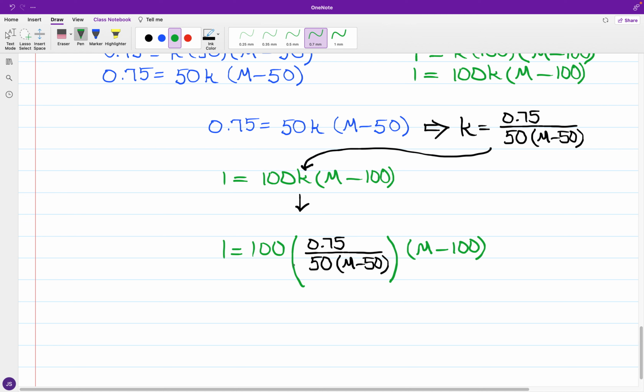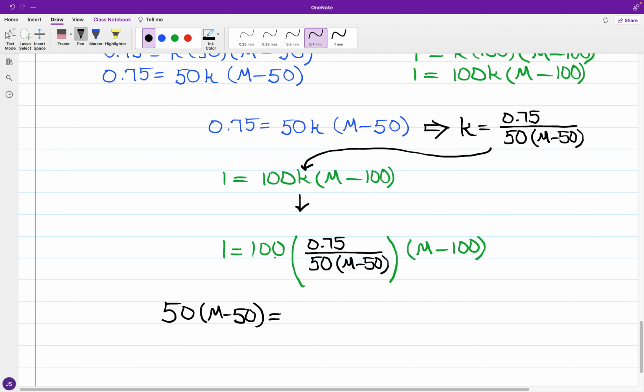Just taking what we have now, I can get out of the fraction and multiply the left-hand side of the equation by both 50 and M minus 50.